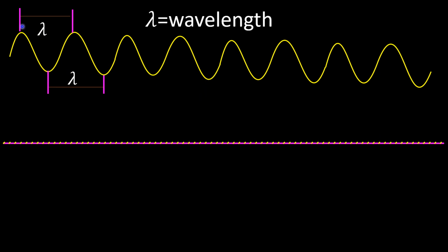The distance between two consecutive crests or two consecutive troughs is called the wavelength, and it is denoted by a Greek letter called lambda. So lambda is called the wavelength.